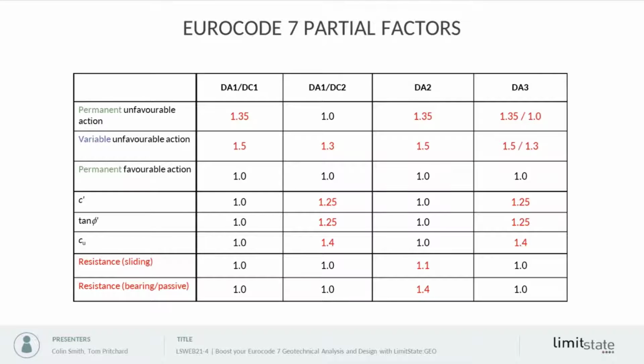So what do I mean by that? Well, let's again look at this table of factors. What I'm going to focus on, well, let's look at column DA2 here. I haven't got time to consider this, but DA2 applies factors to actions and also applies factors to resistances. The challenge for numerical methods for DA2 type approaches, where we have a factor on a resistance, is that the resistance factor is going to be specific to a specific failure mechanism.